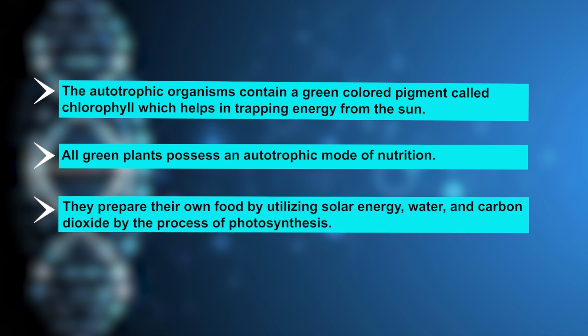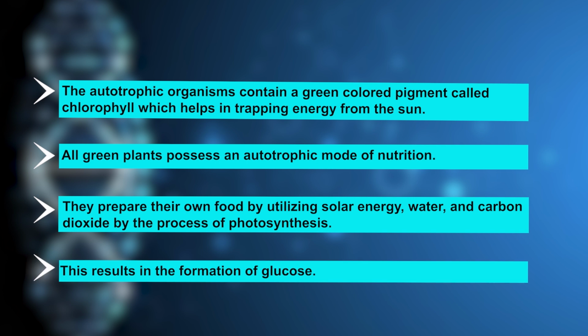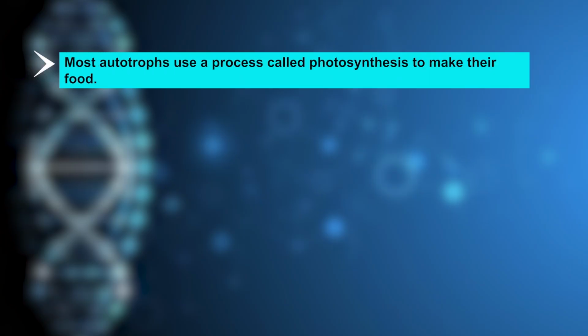All green plants possess an autotrophic mode of nutrition. They prepare their own food by utilizing solar energy, water and carbon dioxide by the process of photosynthesis. So, this results in the formation of glucose. This is exactly what I was trying to tell you in the first slide. Most autotrophs use photosynthesis to make their food.